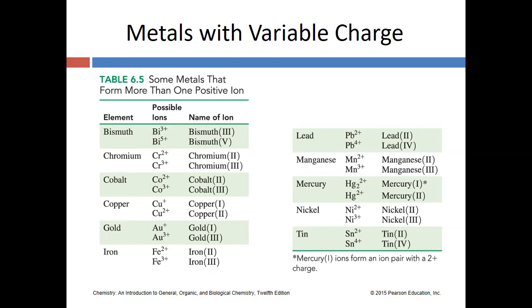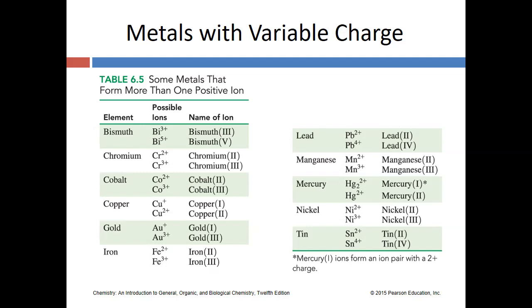In particular, I want to point out mercury, just because mercury breaks the mold here. Every one of these has just a single atom with a charge. The mercury(I) ion is actually an ion pair. It's really interesting: you have two mercury atoms that are linked together.